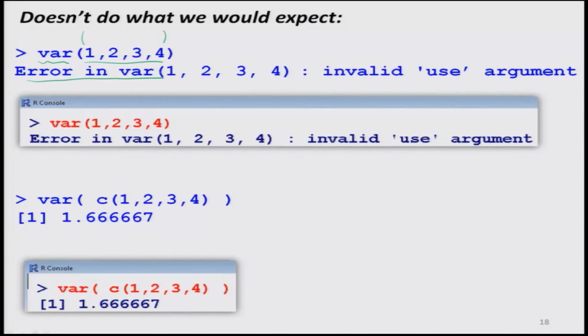Why? Because you have not given the values in the form of a vector. So in order to find out the variance of 1, 2, 3, 4, first we should combine them in a vector using the c command, and then use the variance function, and this will give us the correct value. And here are the screenshots of the outcome, so you can see and you can try yourself.